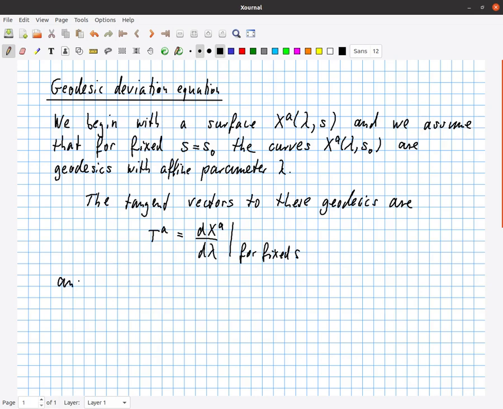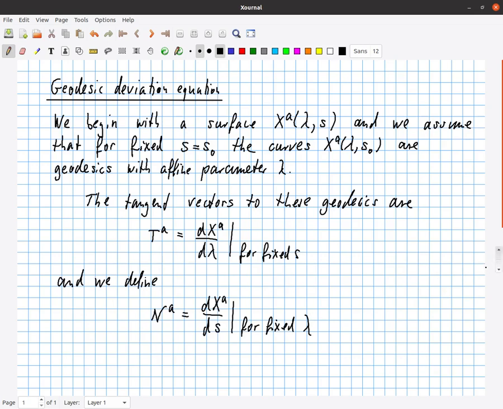And we define a second vector, and this second vector is n^a, and this vector we denote by dx^a over ds for fixed lambda.